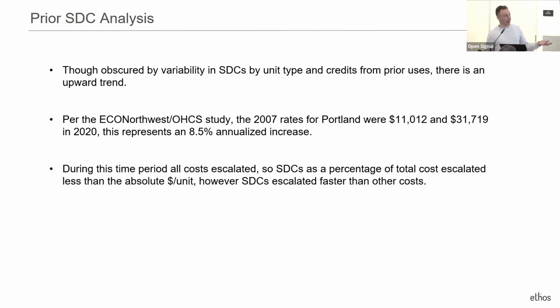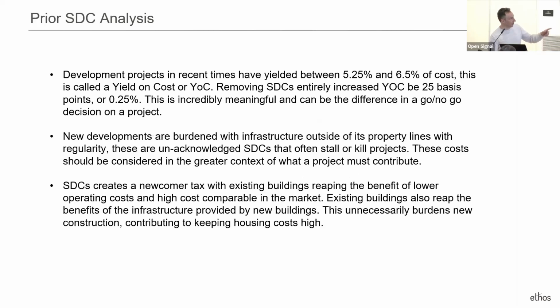How it's justified that happened for that many years in a row is beyond me, but it doesn't seem like a reasonable thing to burden housing production with, especially at that rate of increase. As a percentage of the total project, everything increased, and SDCs just increased more, so you won't see that level of increase as a percentage, but it is becoming more and more of a burden over time. And that is a drag.